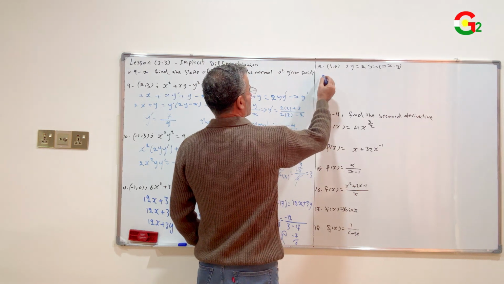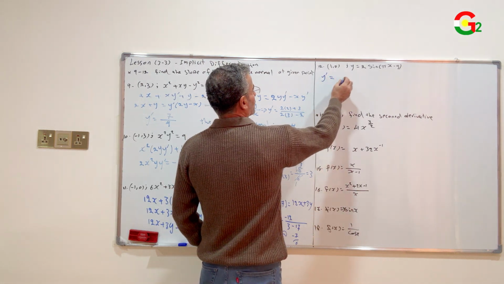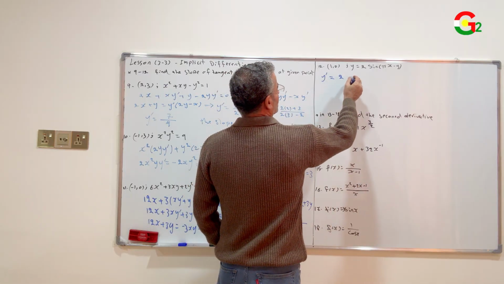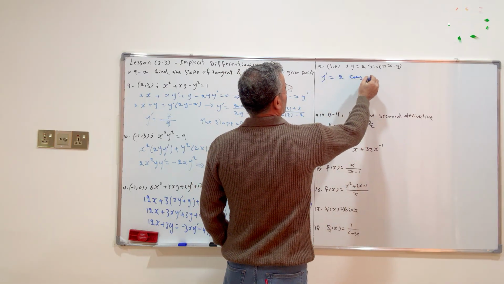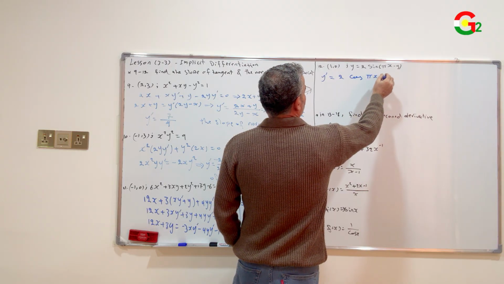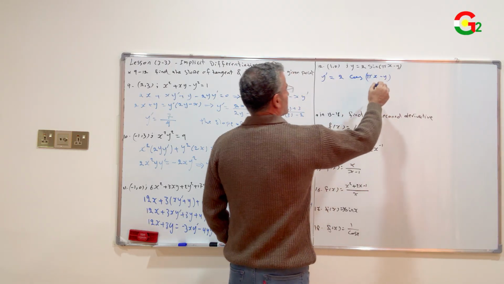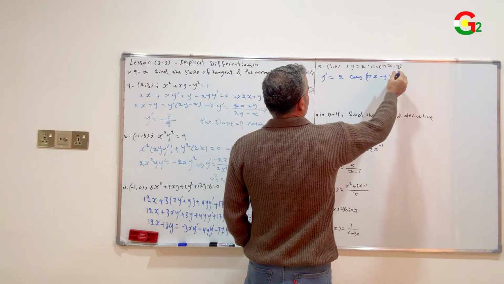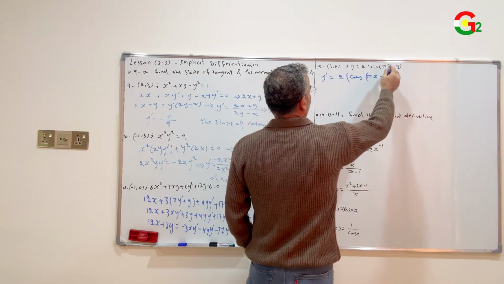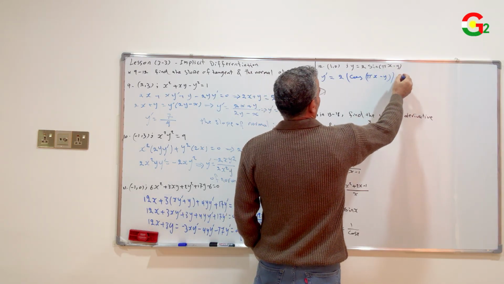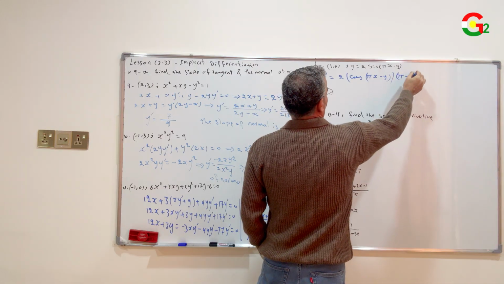Differentiate both sides with respect to x. y prime equal to 2 cosine pi x minus y times the derivative of the inside angle, pi minus y prime.